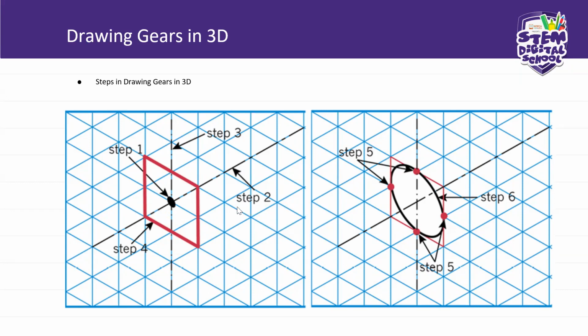On an isometric drawing, the round shape doesn't look round as it does in two-dimensional drawings. It becomes more of an oval shape. So that is what we are going to draw now. We want to draw a gear. I'm going to show you the steps.